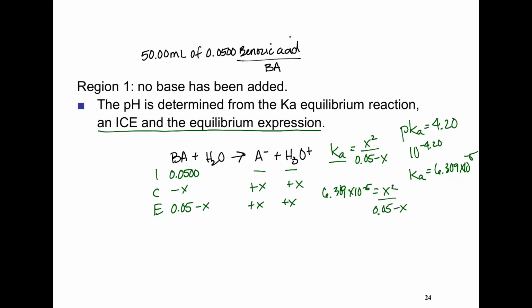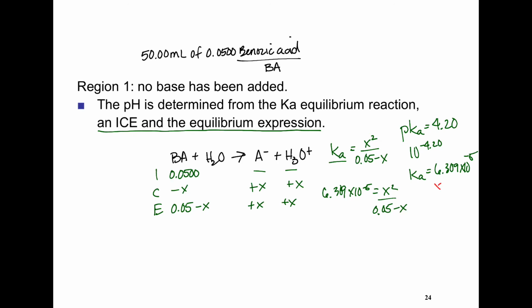you might realize that unless we can get rid of this minus x, we're going to have a quadratic. And how we could get rid of that minus x is if we could say that minus x was small compared to the initial concentration, then we would say that it was insignificant. And how we judge that is we say that if the Ka, which is a judge of how much it dissociates, is less than 1,000 times the initial concentration, that plus or minus x is insignificant.